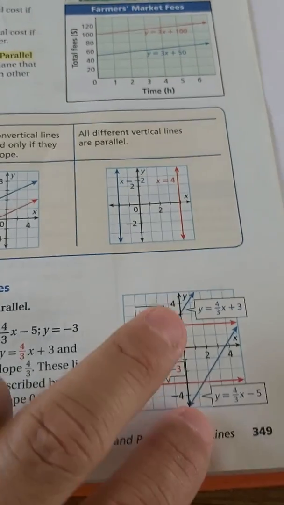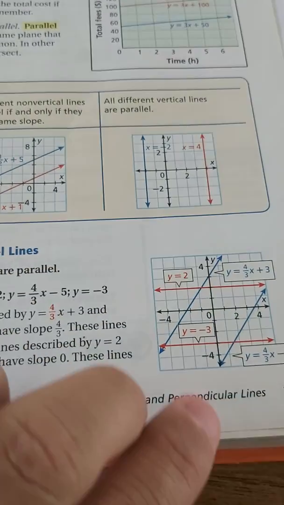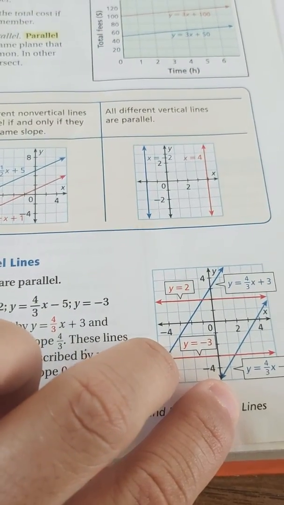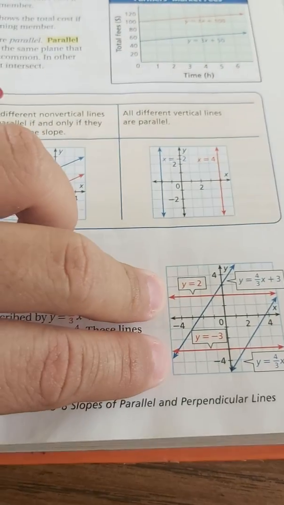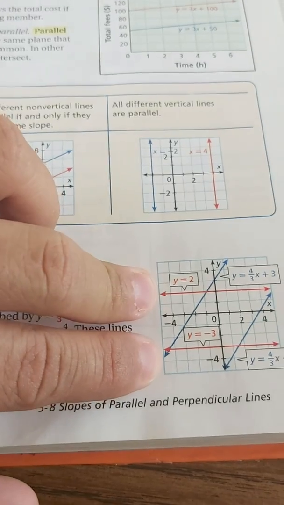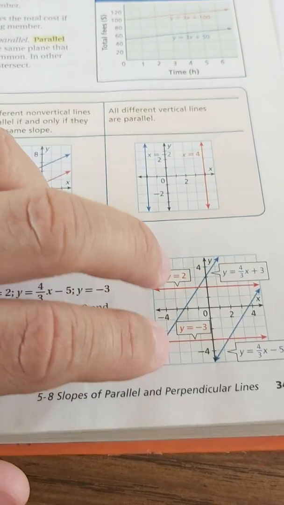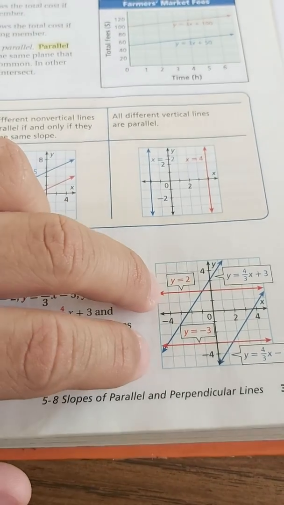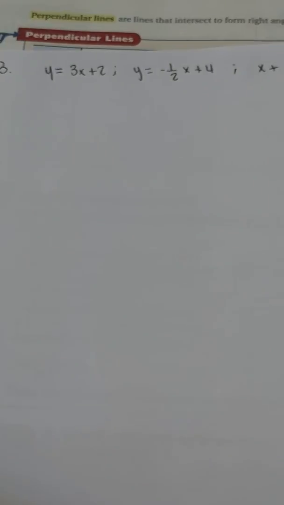And by looking at the equations, we know that they have the same slope, so we say that these two lines are parallel. And these two lines are horizontal lines, which means that their slopes are equal to 0. So they both have the same slope, 0. So we can say that y equals 2 is parallel to y equals negative 3.